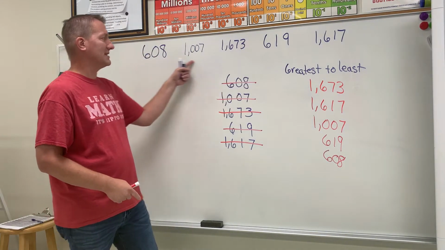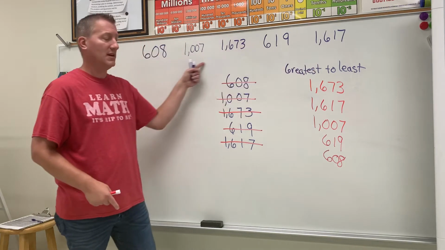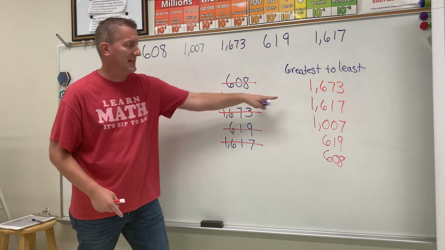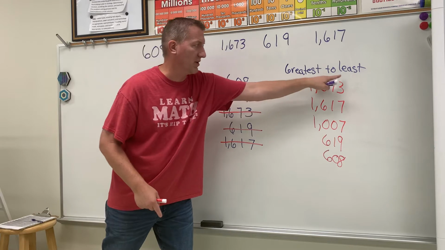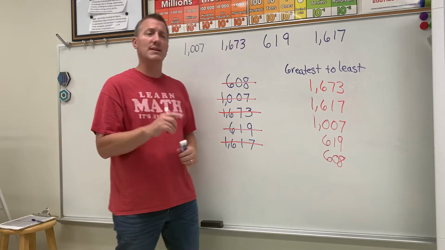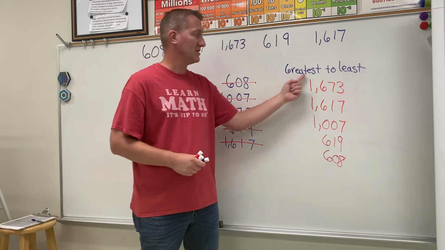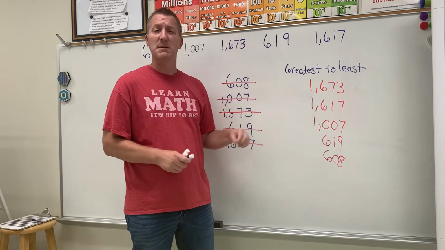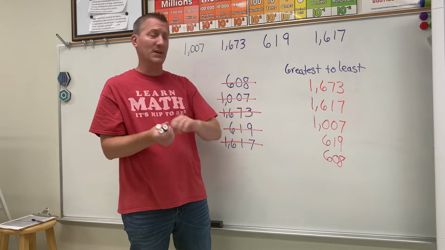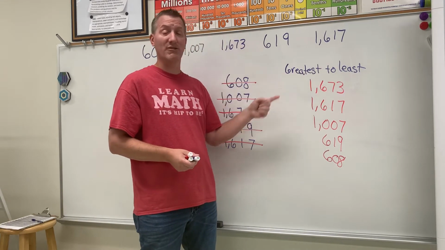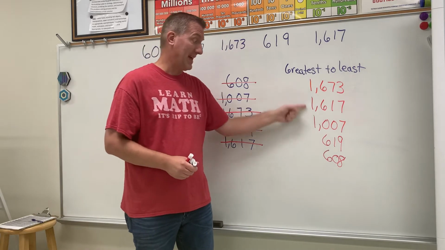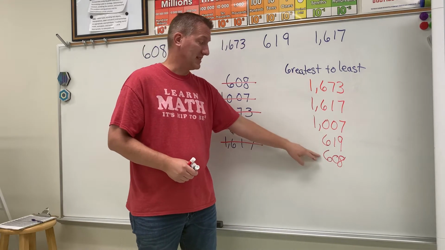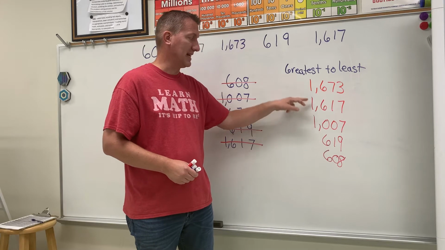Even though this list looked tough to begin with, we made it real easy and we put it in order from greatest to least. And one of the things you got to watch out for is this right here, greatest to least, because they may switch that on you and they may go from least to greatest. And that's going to get you the opposite list. Then this one would come first, this one would be second, and so on.